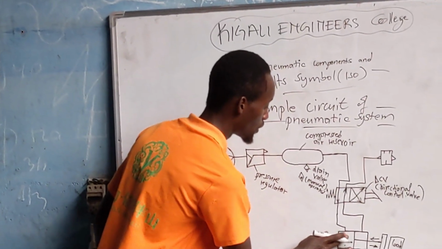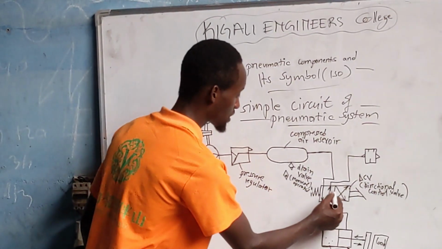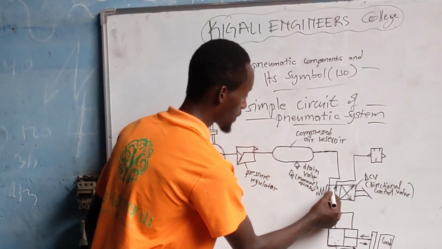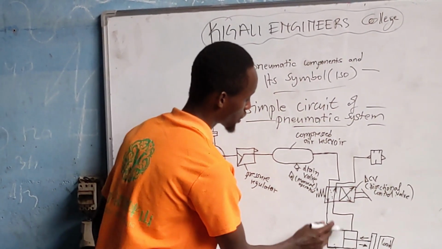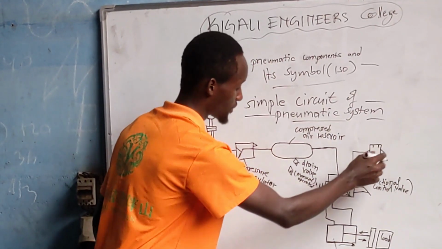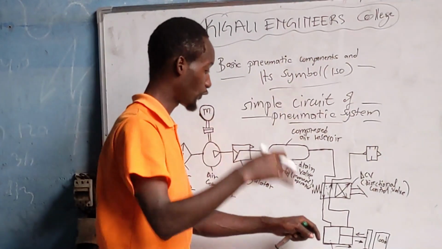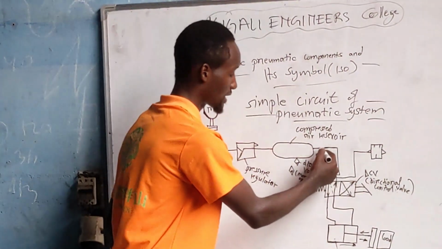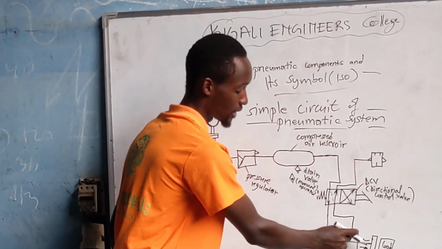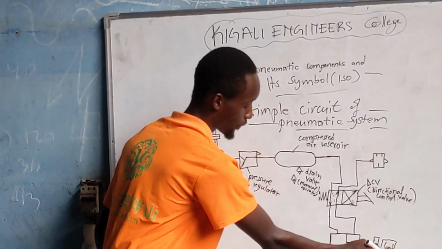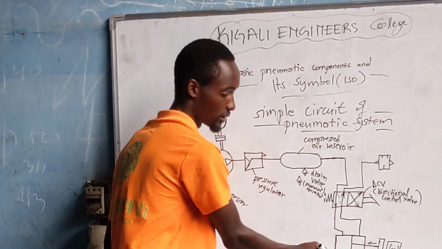And when you press on that lever, it will allow the air to pass through there. This is the connection. It will be connected to the atmosphere. The air inside there will go into the atmosphere and allow the compressed air to go into this upper chamber, or this down chamber, to pull that load and go backward.